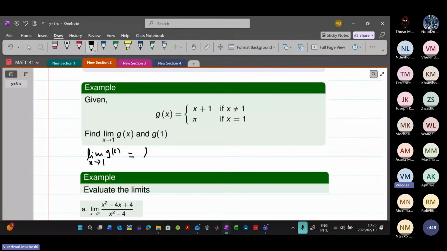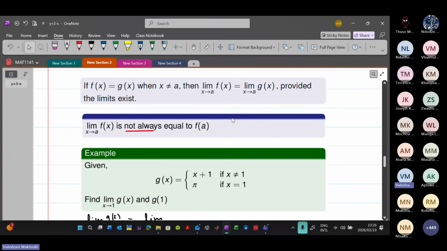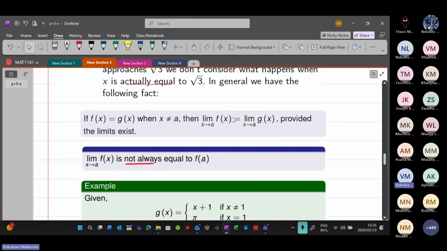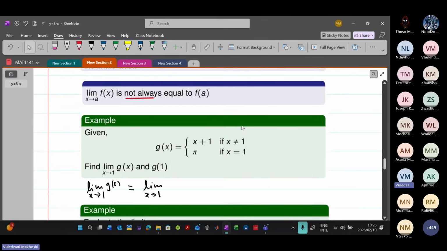But the way the function has been given, we are saying g of x when x is not equal to 1. So when we are evaluating the limit, we should understand that we are interested in a situation where x is not equal to a. In this case, we are interested in x not equal to 1 because we are approaching 1, we are not at 1.